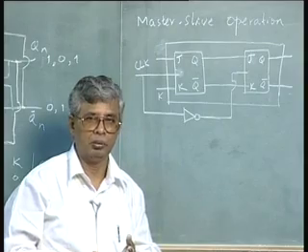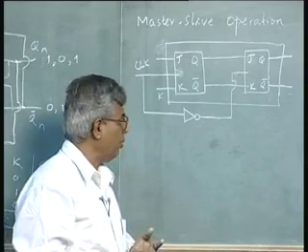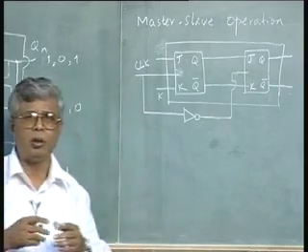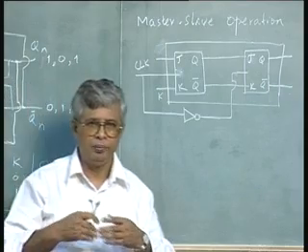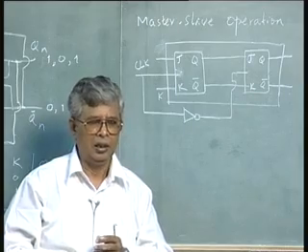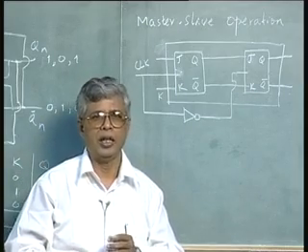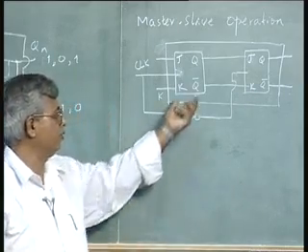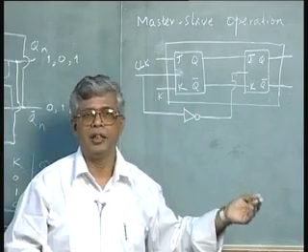That is one problem. The second problem: supposing I want to go in a mode where I will have very high operation of the clock. Today's technology we are talking about gates of nanosecond or sub nanosecond delays.